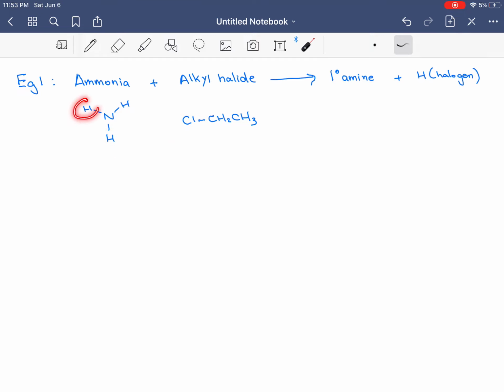Now, it doesn't matter which H. Any of the H are fine. Just make sure it connects with a Cl to form HCl. So that's your H halogen right there.